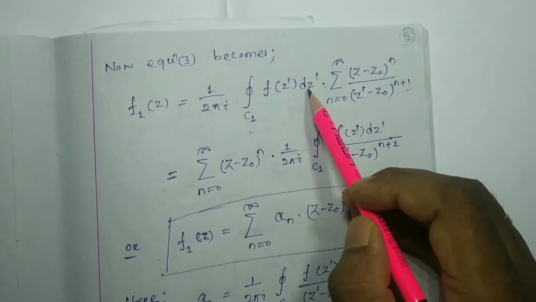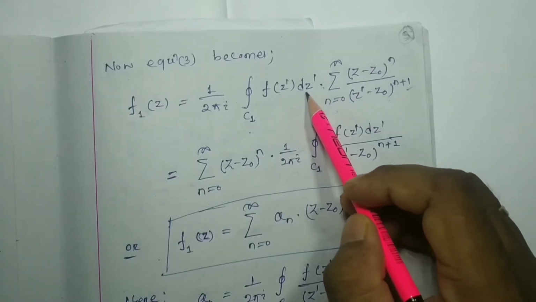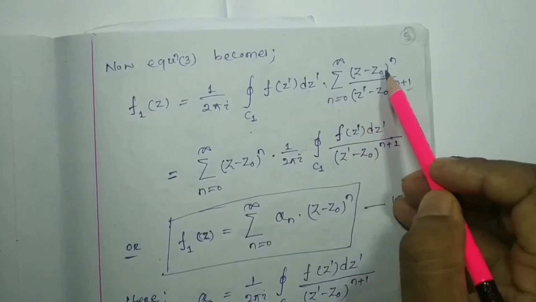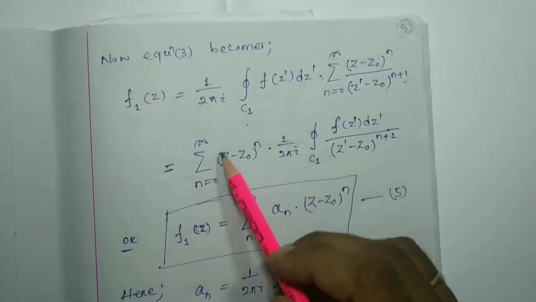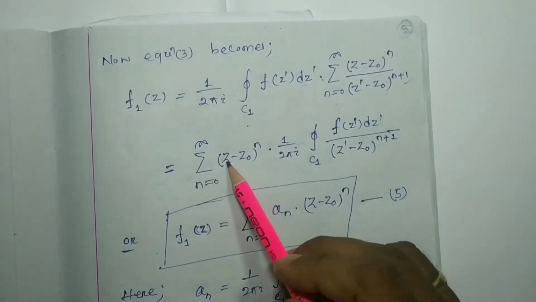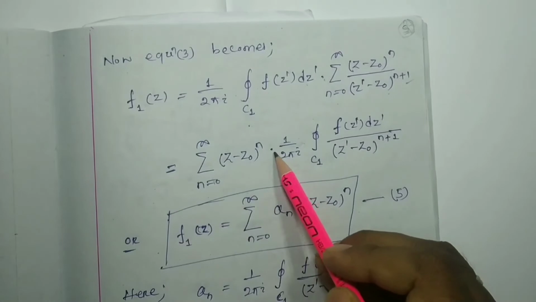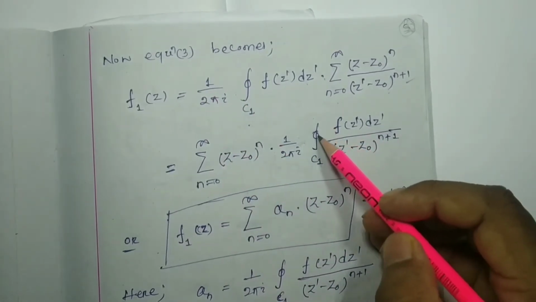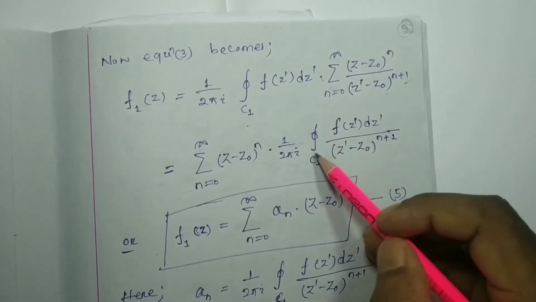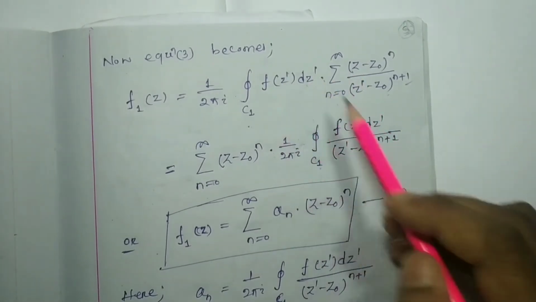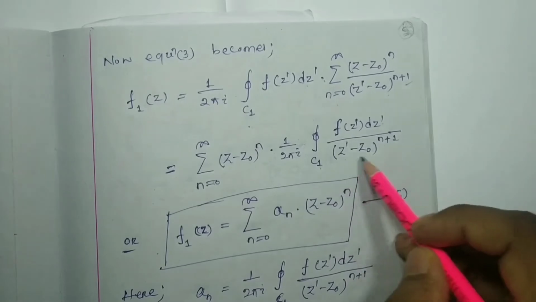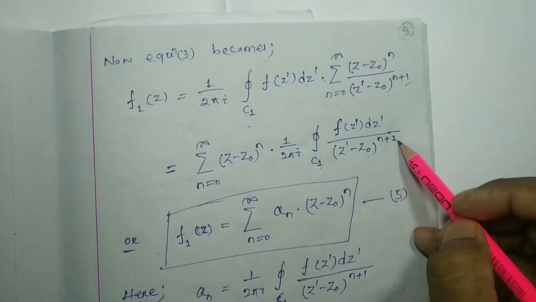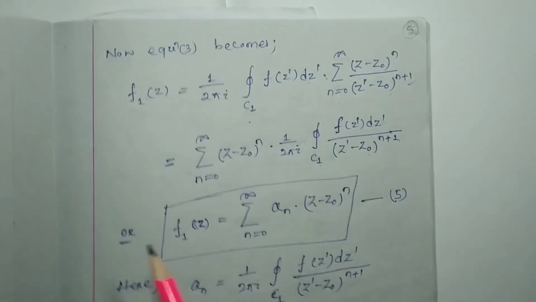Hence (z minus z0) can be taken outside. So the summation over n equal to 0 to infinity of (z minus z0) to the power n into 1 by 2 pi i closed integration about C1 of f(z') dz' by (z' minus z0) to the power n plus 1.